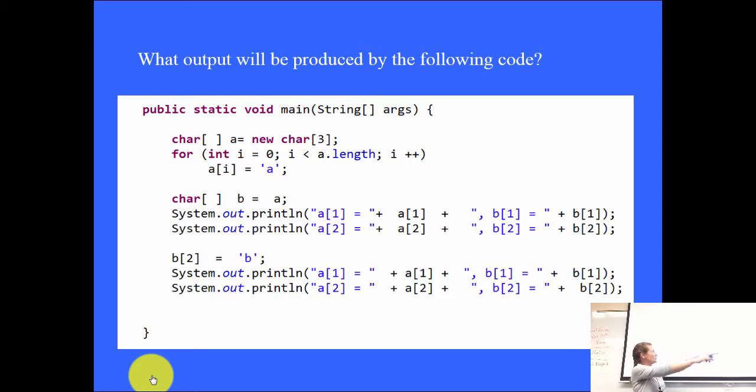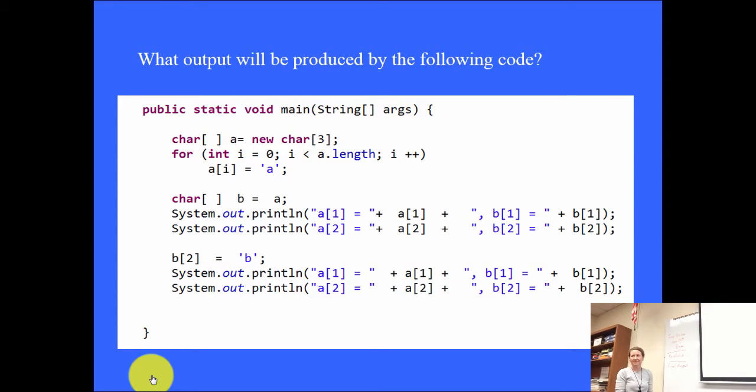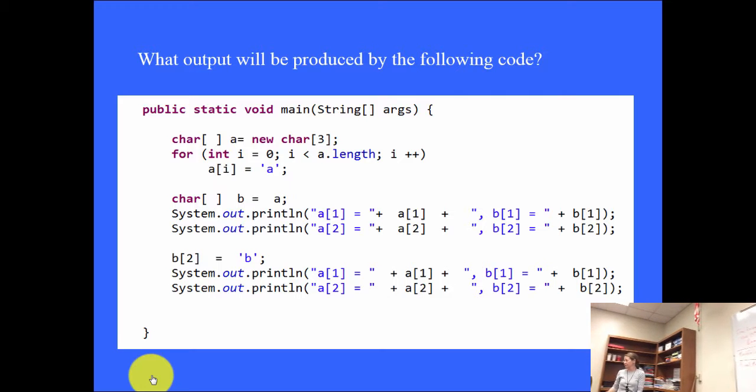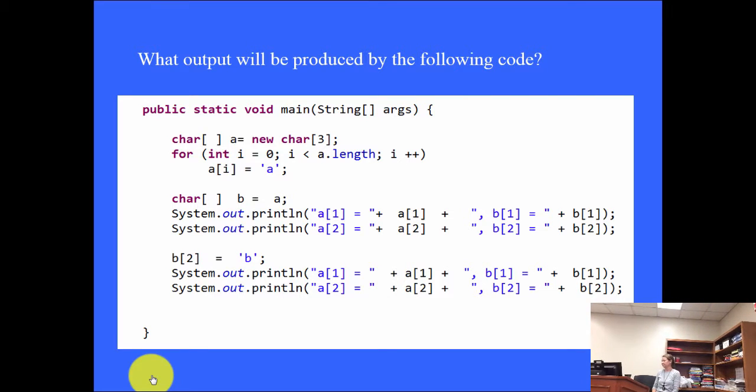But remember when two arrays are pointing to the same place in memory? If we change one array, we're actually inadvertently changing the other. So that last one, A2, is actually B, because they're pointing to the same place in memory.